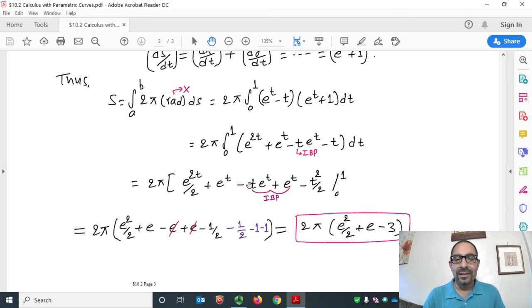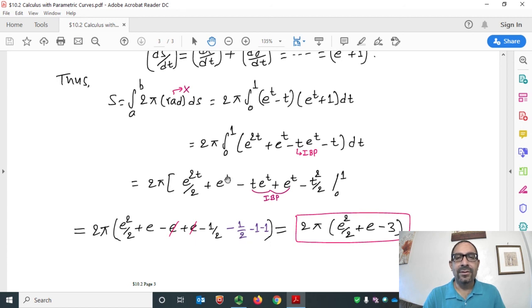In the next step, put t equals 1. Then 2 pi as it is, e square over 2 plus e, putting t equals 1. Then minus, this is 1 times e, so simply minus e, plus e, minus 1/2. To put the lower limit, put minus, this minus coming from the formula. Now put t equals 0. e to the 0 is 1, so 1/2.